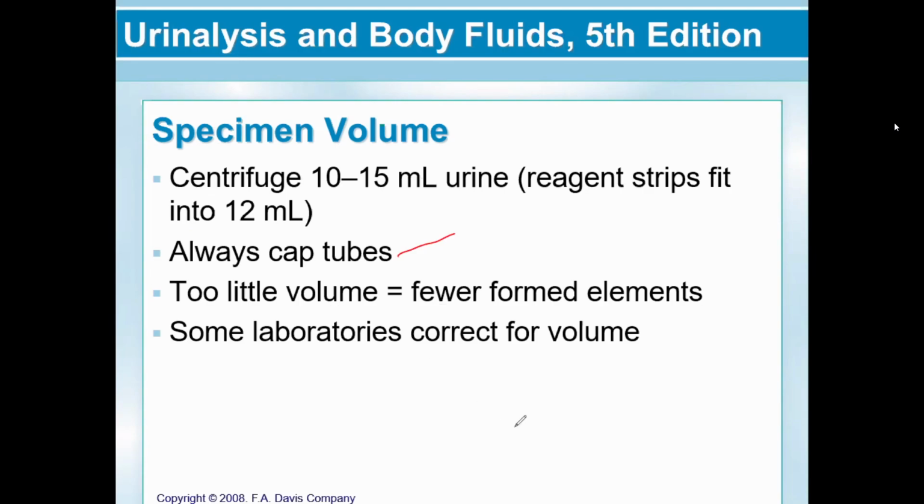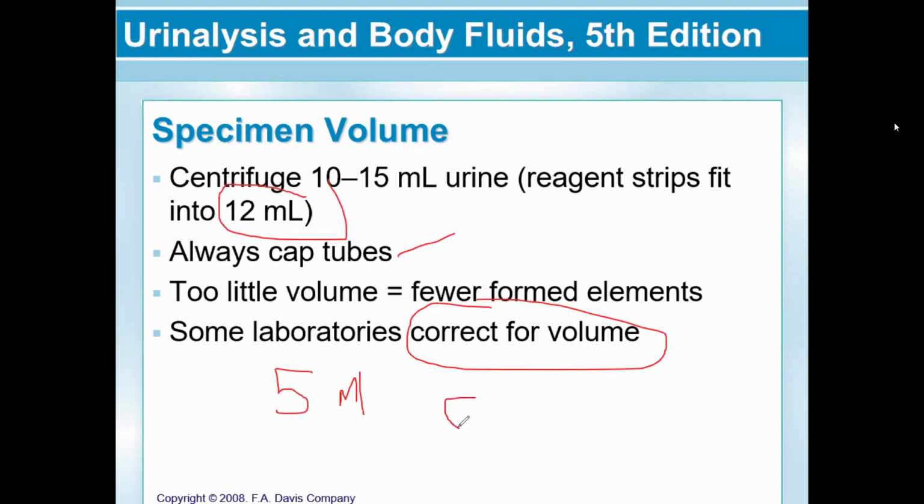So for some laboratories, they do correction for volume. For example, sabi natin ang accepted volume should be 12 ml, pero yung specimen of the patient ay nag-submit lang ng 5 ml. So you have to multiply that by 3.